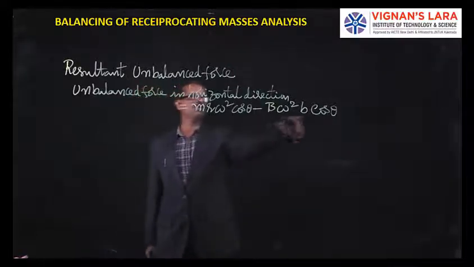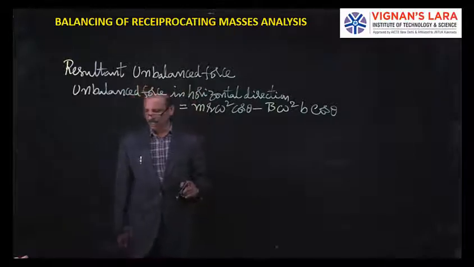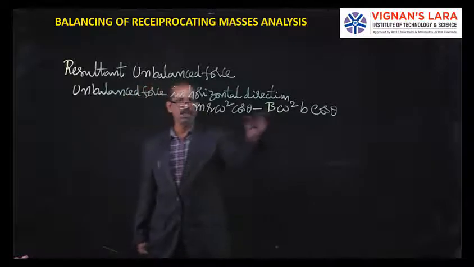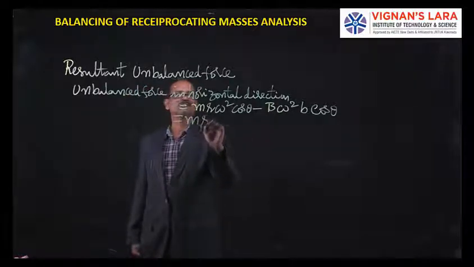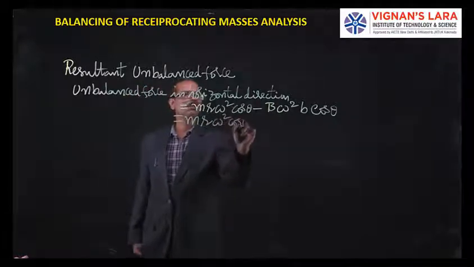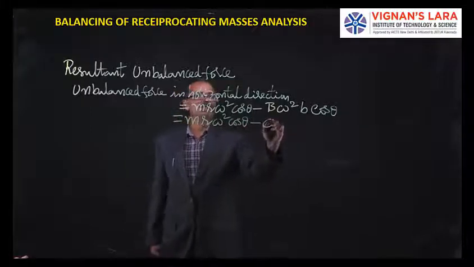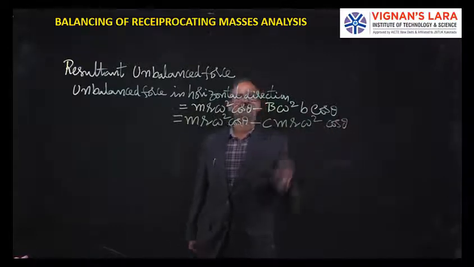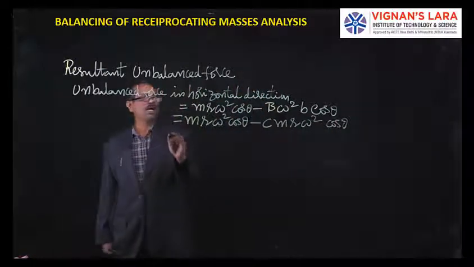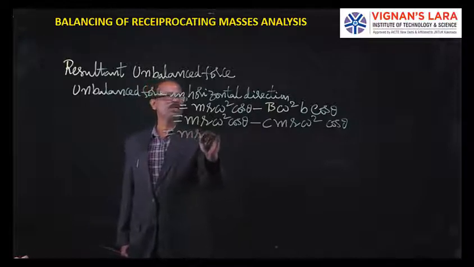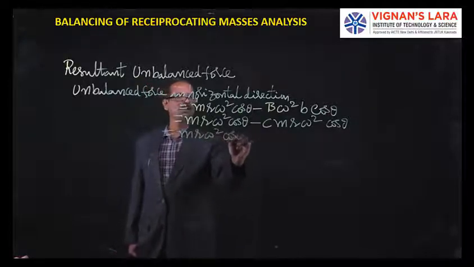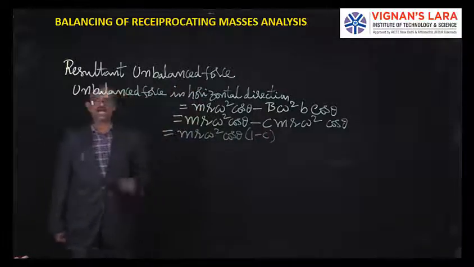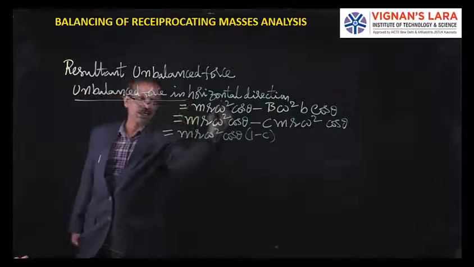That quantity is b omega square b cos theta. And what we have written, b omega square b is c times mr omega square cos theta. So I can take mr omega square cos theta as common into 1 minus c. So this is the unbalanced force in horizontal direction.